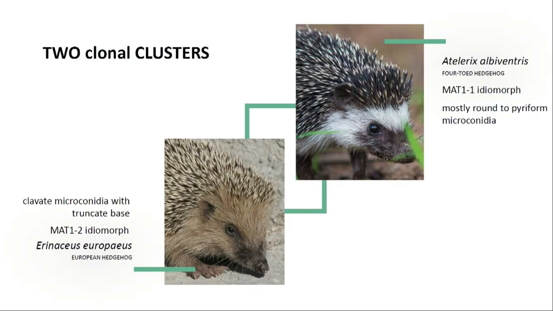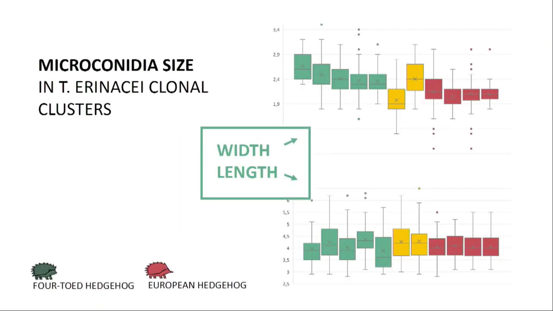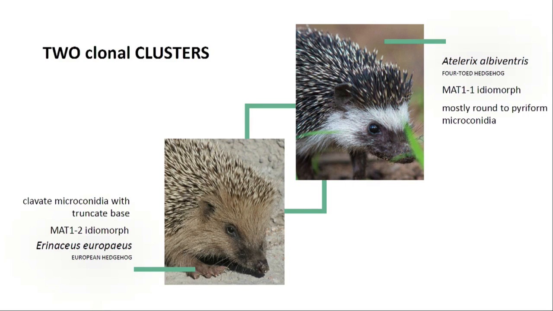This was also supported by the width of microconidia. You can see that the cluster from the four-toed hedgehog has wider conidia than the cluster from the European hedgehog, and these are intermediate strains. These are not from the clonal lineages.